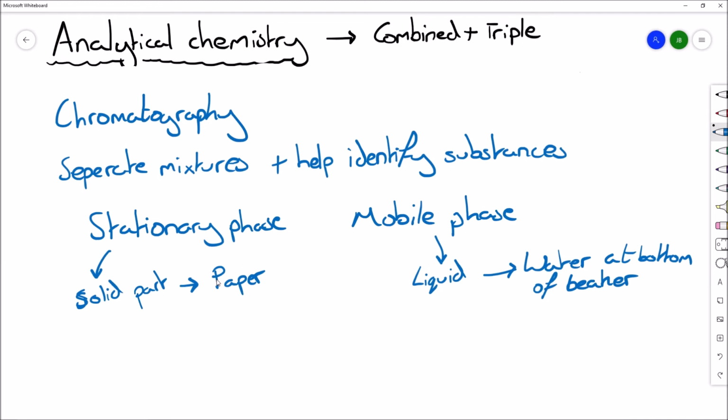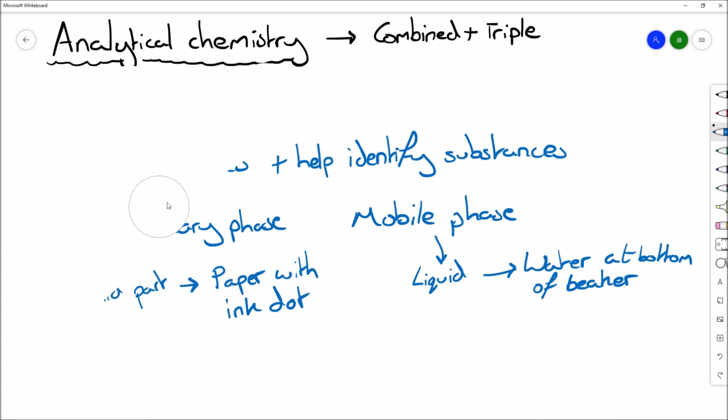This is the stationary phase, it is the paper that you put the ink dot onto. Okay, so that's the key part. Now it sounds complex, but just remember, stationary phase is the solid, mobile phase is the bit that moves, therefore it's the liquid because it flows through the paper. Right, now I'm going to draw it out and then we can look at the maths behind it. That should help you understand a little bit more.